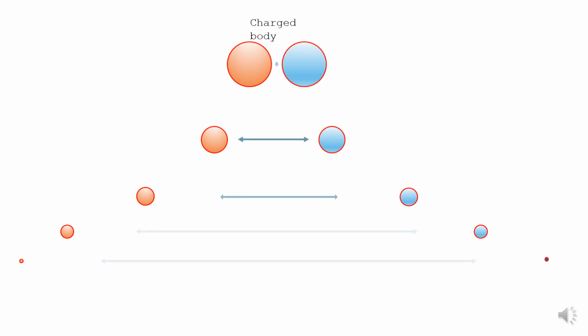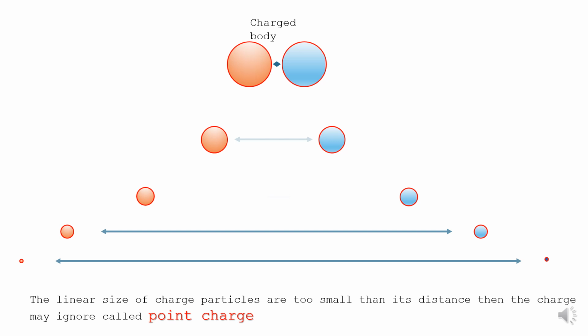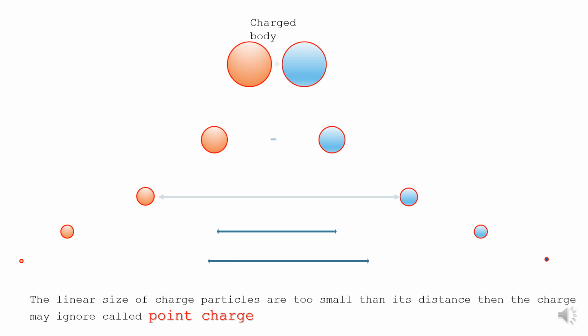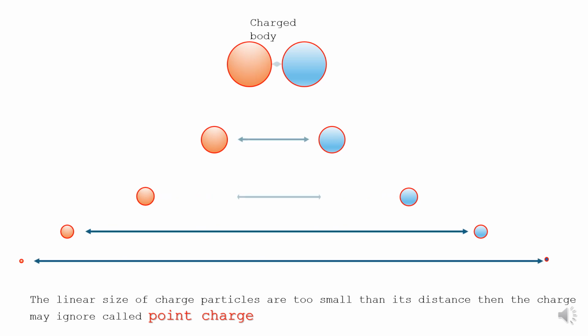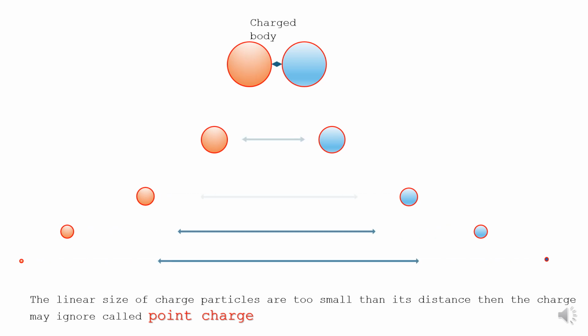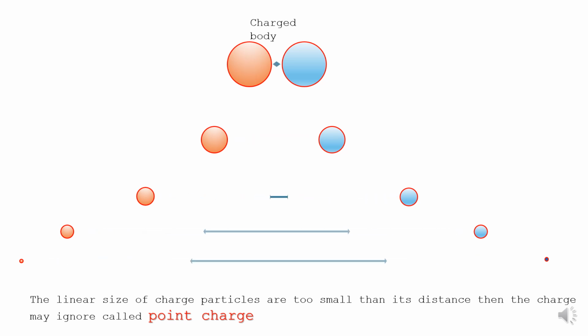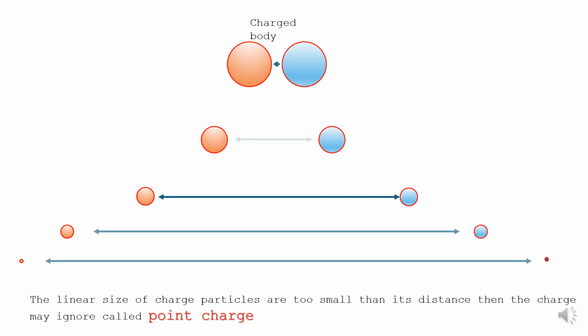When the distance between the two charged bodies is increased, and the linear size of the charged particles is too small compared to their distance, please understand carefully, that particular charged body is declared a point charge. Again, I will repeat: the linear size of the charged particles is too small.